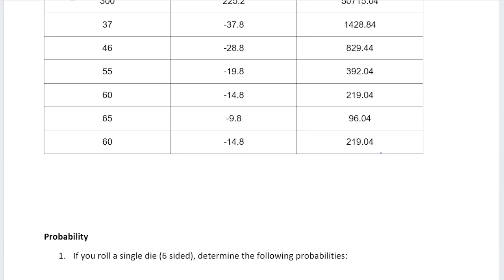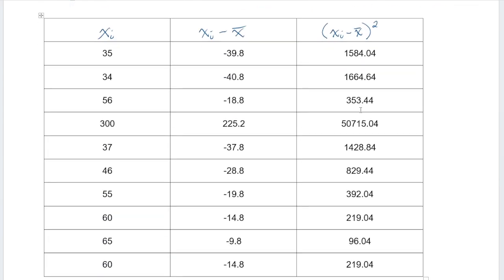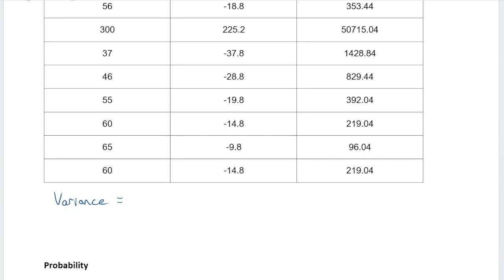And then first up, we actually have to calculate the variance before we can calculate the standard deviation. And the variance is just the average, the mean of all of these numbers here, divided by the number of numbers.